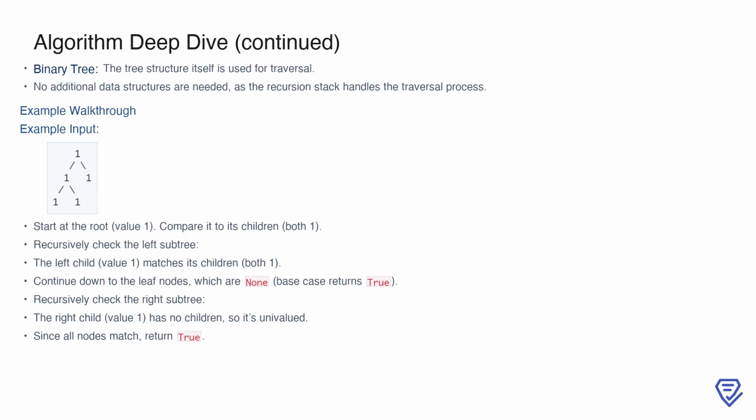Here, the left child also matches its own children, and as we move further down to the leaf nodes, we see that they are None, which satisfies the base case and returns true. Next, we check the right subtree, where the child has no further descendants. Since there are no mismatches, the algorithm confirms that the tree is univalued and returns true. This step-by-step process demonstrates how the recursive checks work together to verify the condition at every level of the tree.